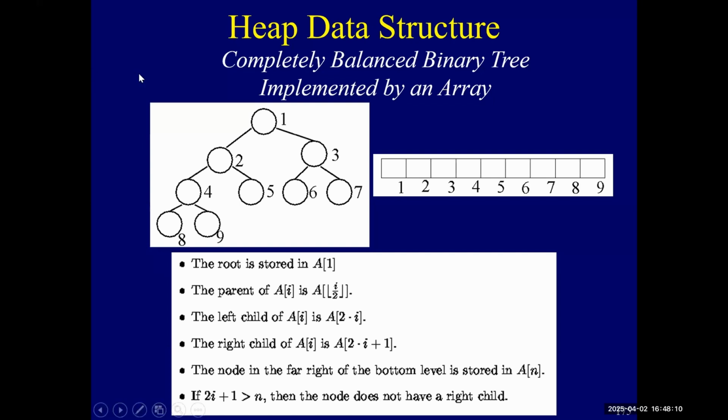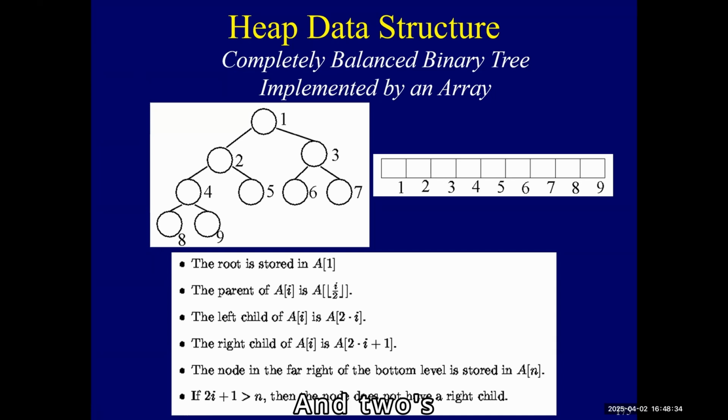Now, what do you do? What operations do you do on a tree? I'm at a node. Who's my parent? Who are my children? Those are the only operations we do. And if you just eyeball it, you'll see 5's parent is divide by 2, round down, right?